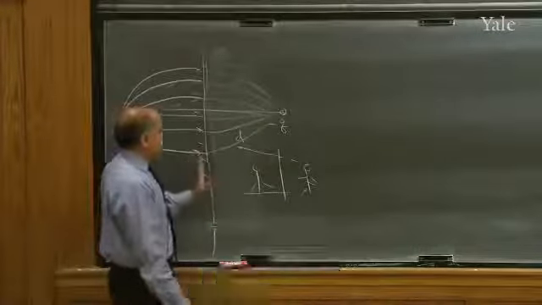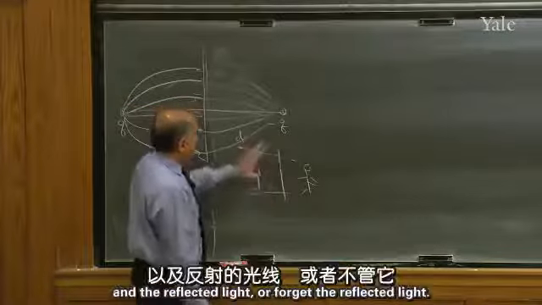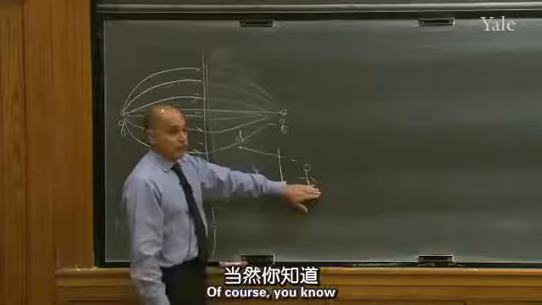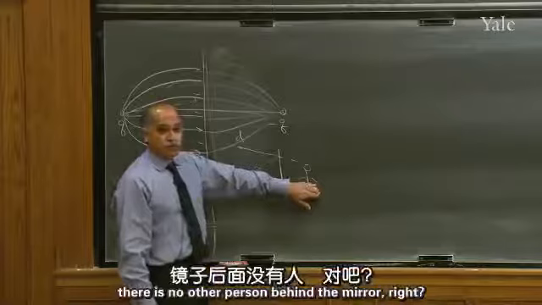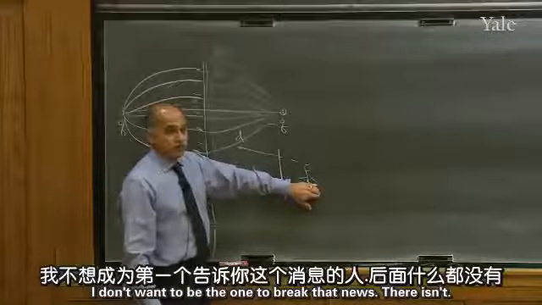So to the left of the mirror, either you can talk about you and the mirror and the reflected light, or forget the reflected light. It's as if there's another person behind the mirror. Of course, you know there is no other person behind the mirror, right? I don't want to be the one to break that news.